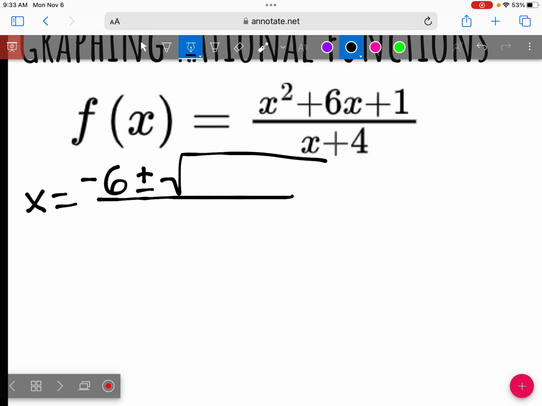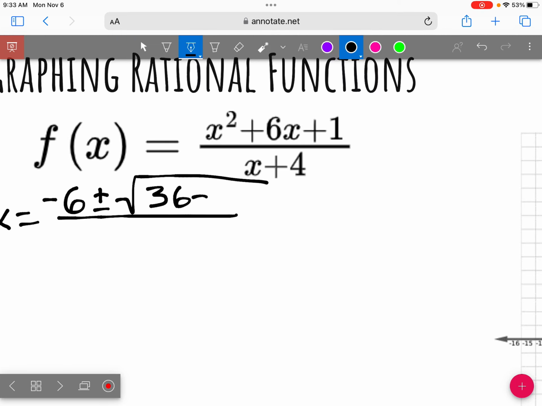This is something that a lot of people forgot, the square. It should be 36. Minus 4ac. I also had a couple people forget the 4. 4 times 1, which is 4, over 2a. 2.